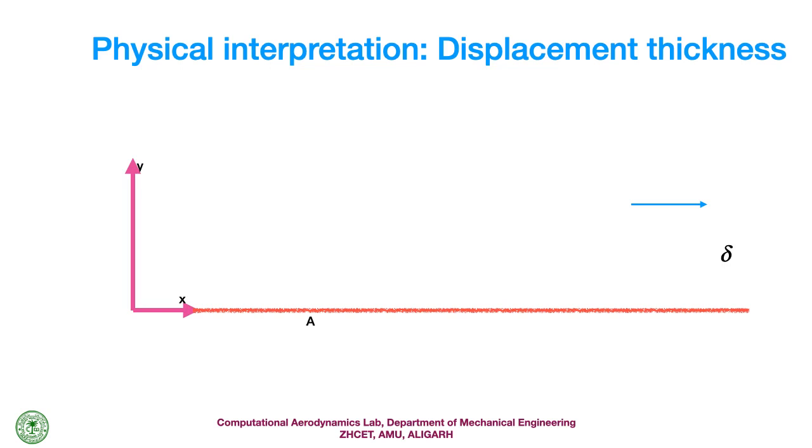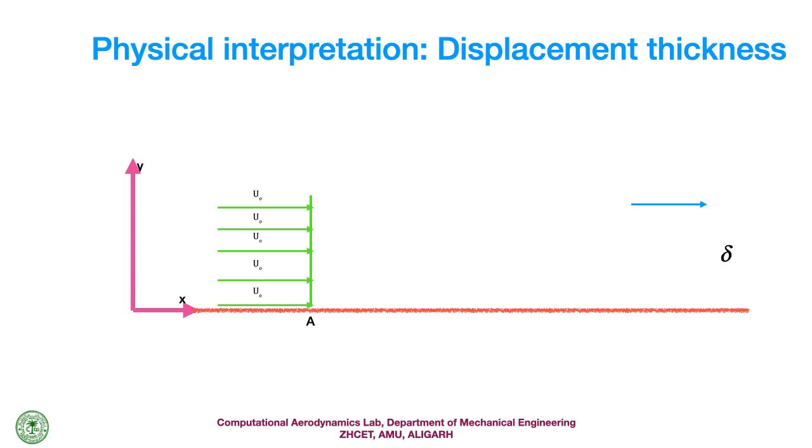Now consider a section which we will name the section A, and suppose there is no boundary layer present at this section, then the flow will be uniform, that is inviscid. So if u infinity is the inviscid velocity, then the profile at this section will be u infinity.